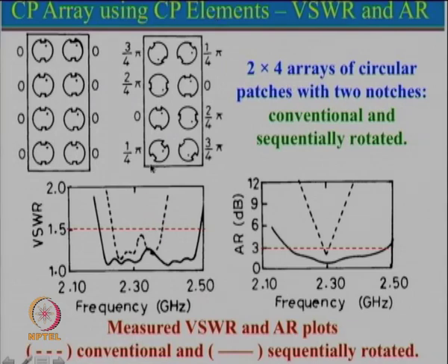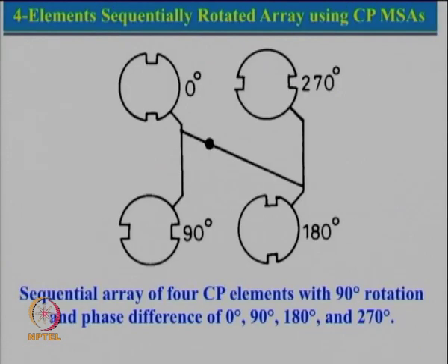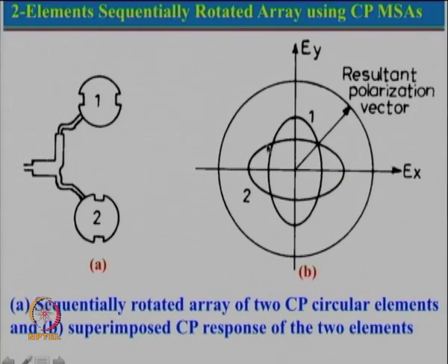However, when we use these sequentially rotated antennas, you can see that the axial ratio bandwidth is very, very large, and you can think about the concept which we mentioned to you. I will just go back. If we have a multiple number of elements, what happens? This is just for 2 elements, we will have one response and that will be the other response. Now, think about multiple elements which are at say 0, 45, 90.